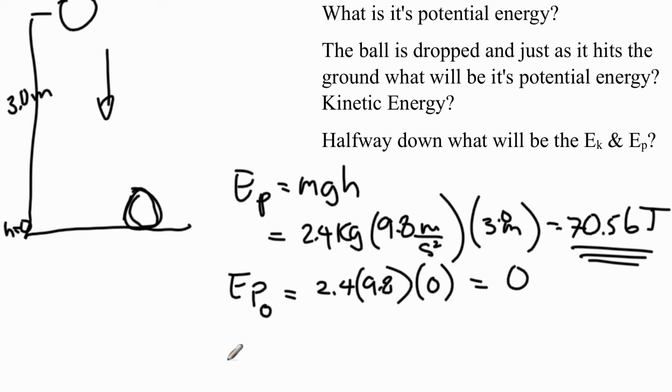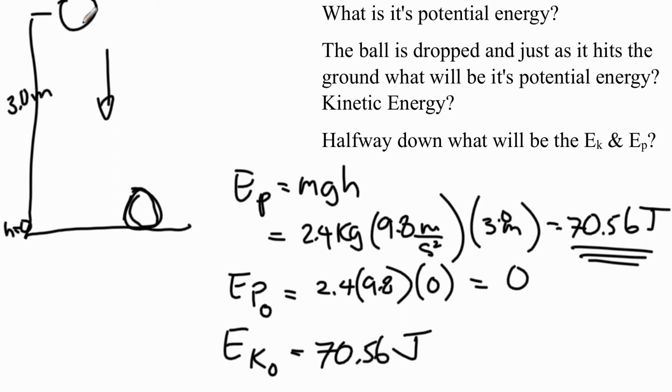So right here at the bottom, the kinetic energy will be, we don't know how fast it's going, but I know how much energy it's going to have. It's going to have 70.56 joules of energy, and I know that because of the law of conservation of energy.